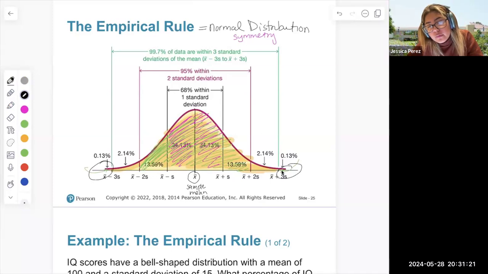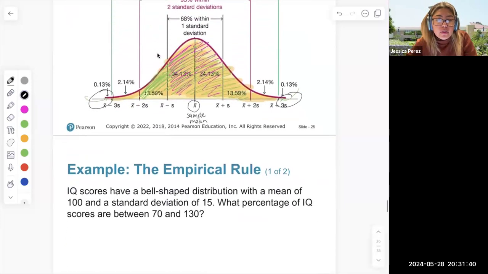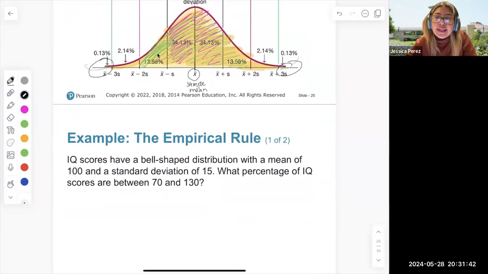Our normal distribution makes 100%. If I completely filled this out, that would be 100% of the data. But the furthest I can get is 3 standard deviations away, which is 99.7%, and that's really, really close. Let's look at an example.